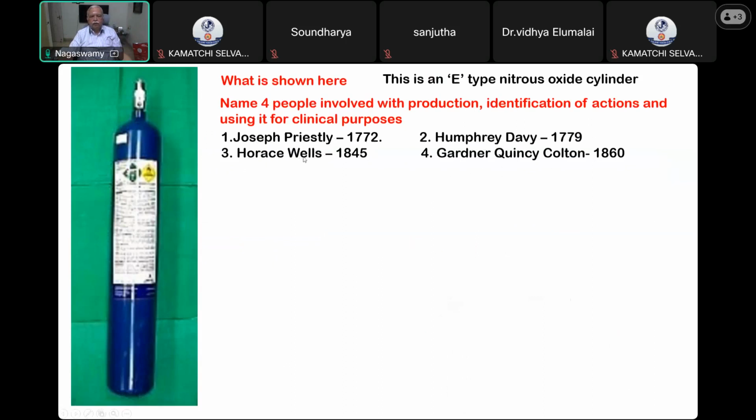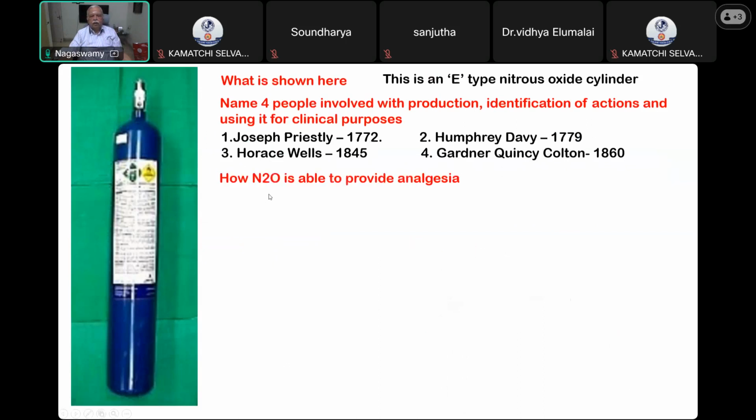Later on, many of these inhalation agents were used by dentists for dental extraction. Horace Wells was a dental surgeon who used it, and then Gardner Quincy Colton was another person. You can see the years 72, 79, 45, and 60. So gradually the usage has been improved by these various persons.